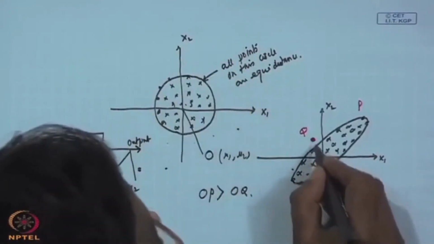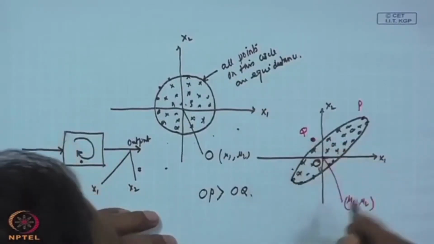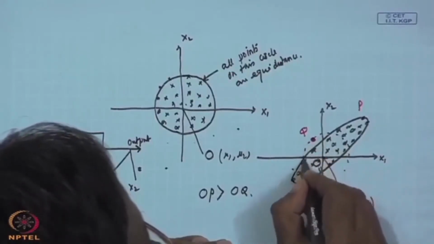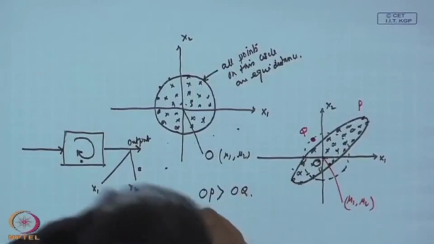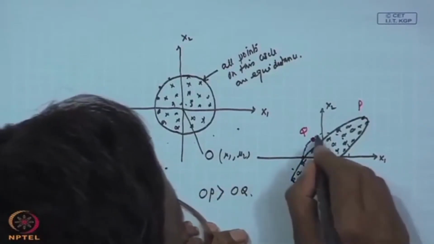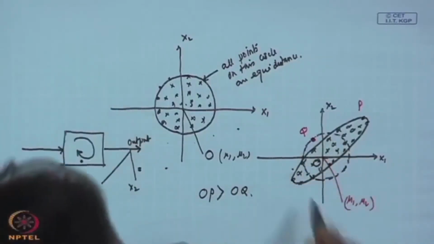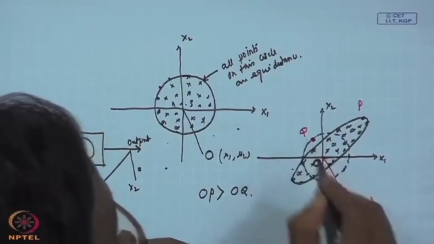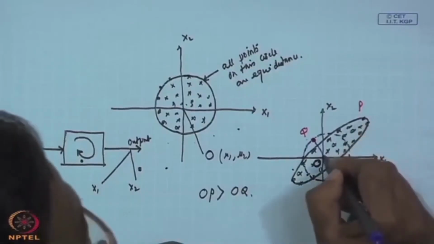Suppose I want the equivalent distance with respect to Q, OQ, then you will get something like this, the circle. See, definitely this distance OQ is less than OP.